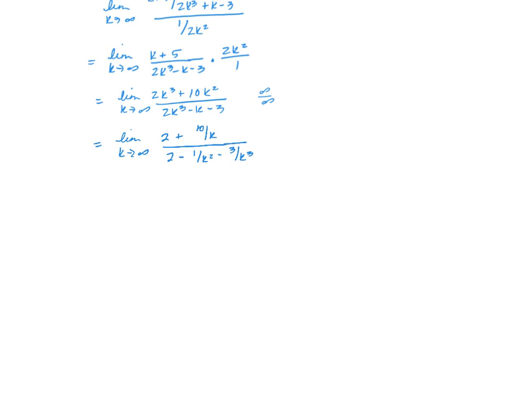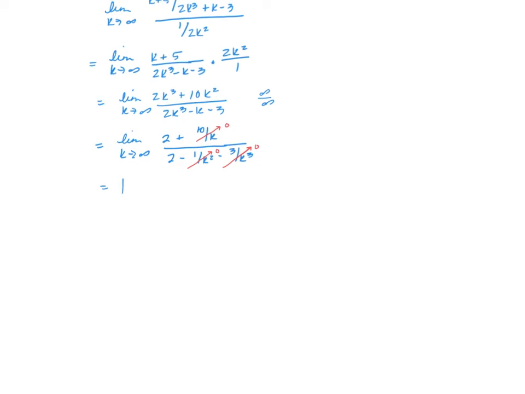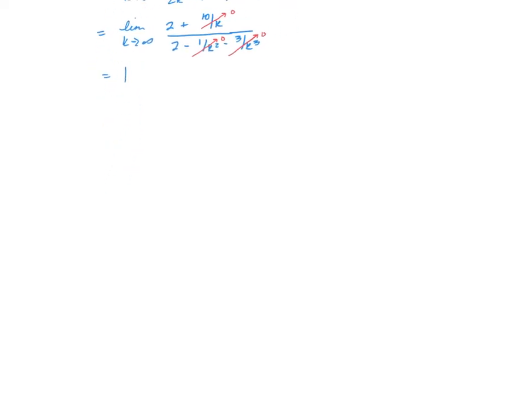And now as k goes to infinity, the 10 over k goes to 0, 1 over k squared goes to 0, 3 over k to the third goes to 0. So this limit is simply 2 over 2, or 1. And then we have that our series will converge by the limit comparison test.